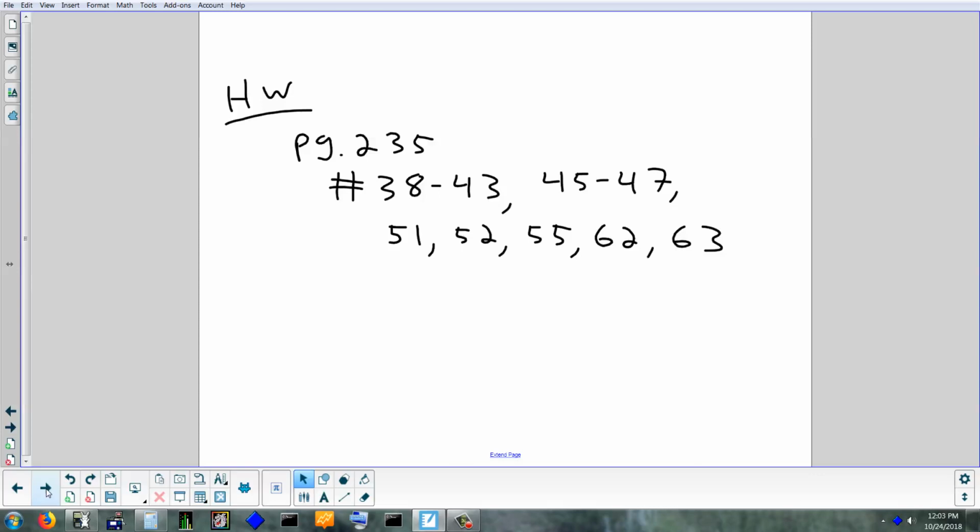On 38 to 43, let's make it 38, and then just 41 and 43. It doesn't change it much. So 38, 41, and 43, so you don't have to do 42. You don't have to do 40. Okay. All right, so we'll take a look at that tomorrow.